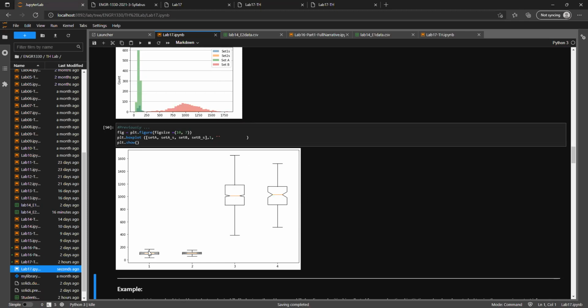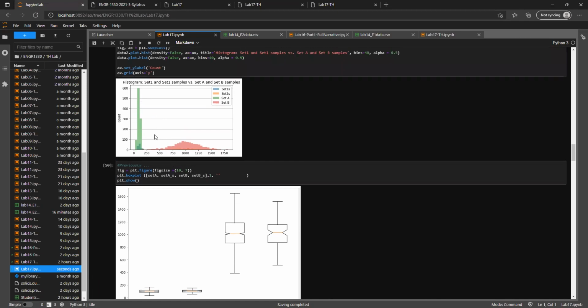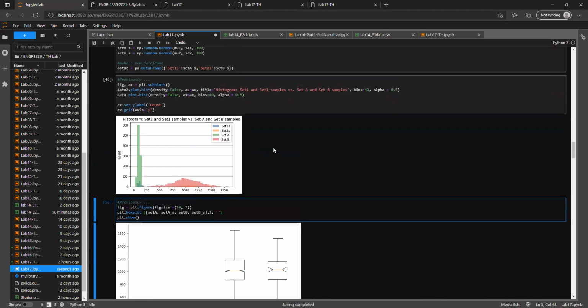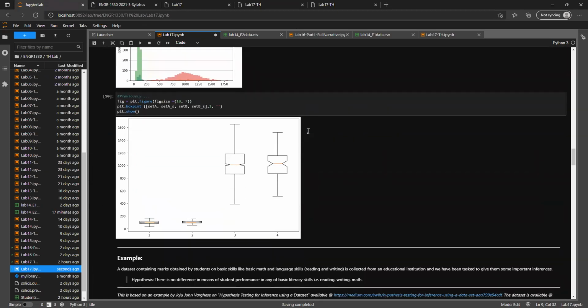Same, pretty close with set 1 and set 1's random sampling too, or set A. So this graph looks real different. This graph makes them look pretty similar. But that is the reason we have the tests, because visuals can be deceiving. So copy and paste.